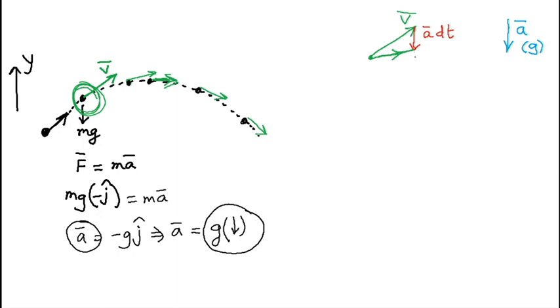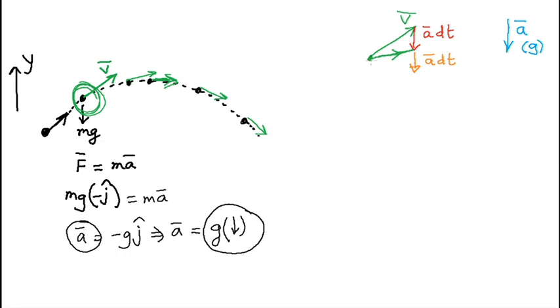Now after a further time interval of dt, maybe my a bar dt is a vector like that. I'll write here a bar dt. That's the further change in the velocity, and so logically the new velocity is obtained by adding this vector with this vector. The first vector is the original vector and the second vector is the change in that vector.